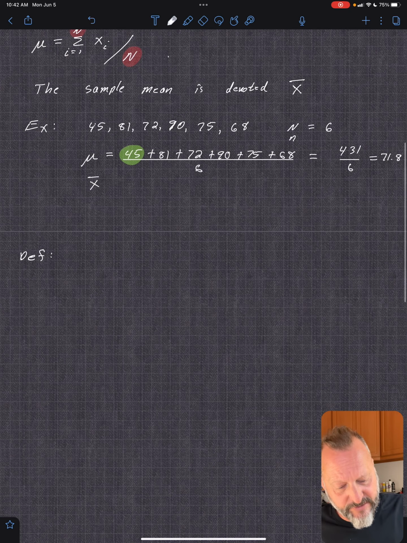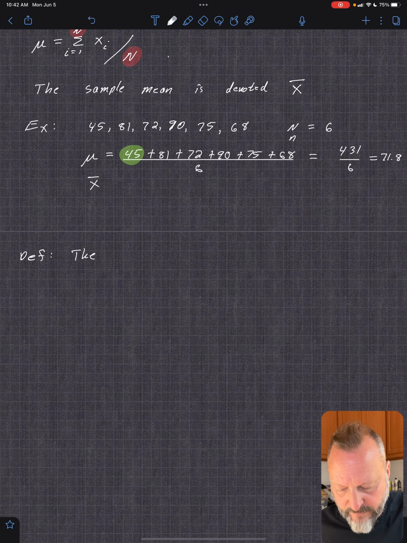Okay, so the next definition is the median.